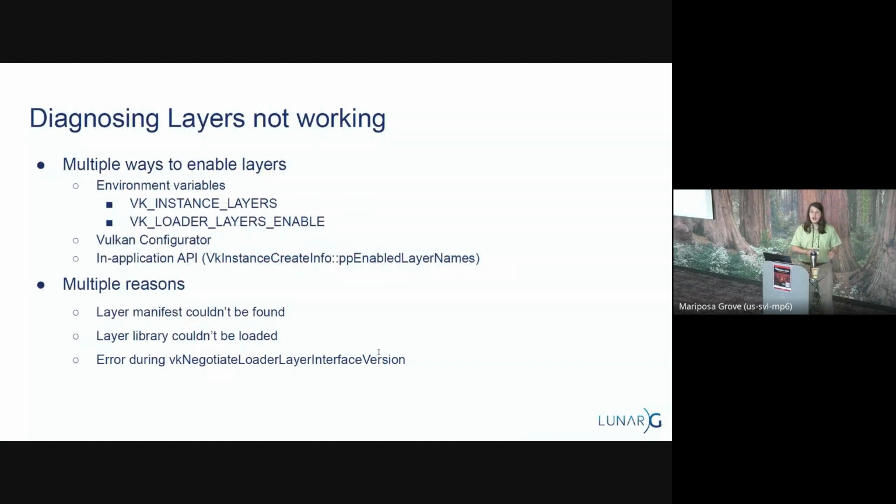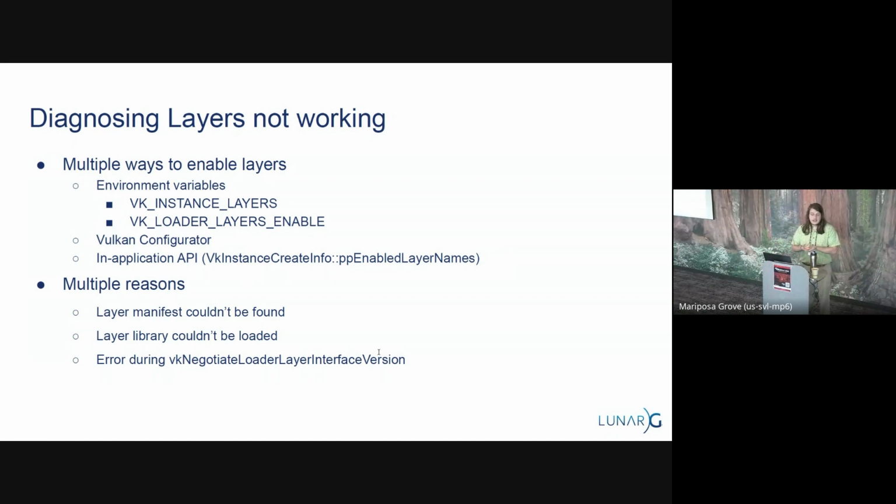Specifically, layers not working. There are multiple ways to enable layers, and one of those ways will be used depending on context. Say you want to use an environment variable locally, just right here, right now in a terminal. Maybe you're using the Vulkan Configurator and you want to set a profile or a configuration, or you're inside an application using the Vulkan API.